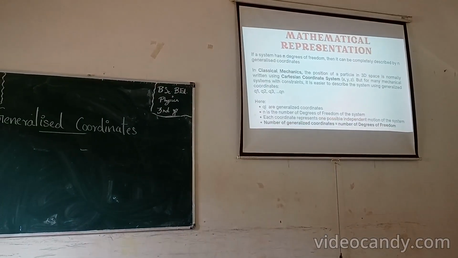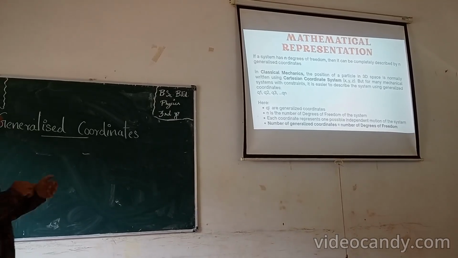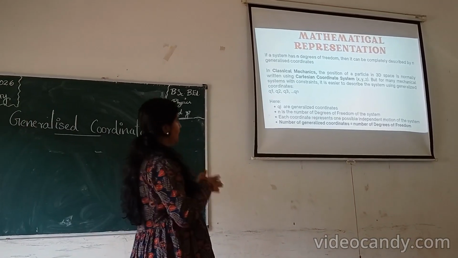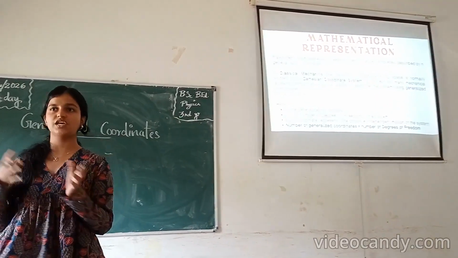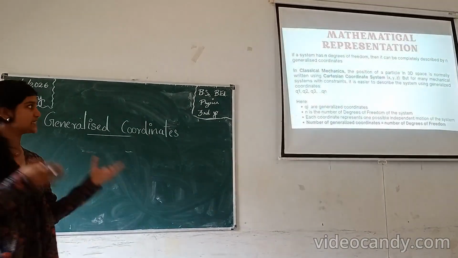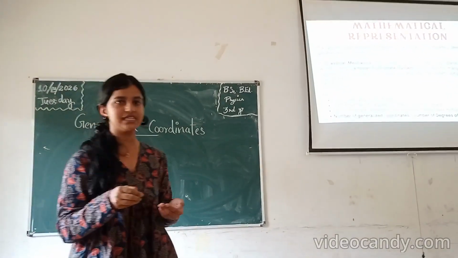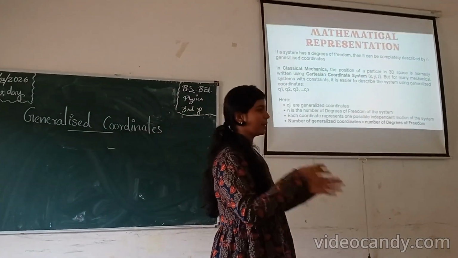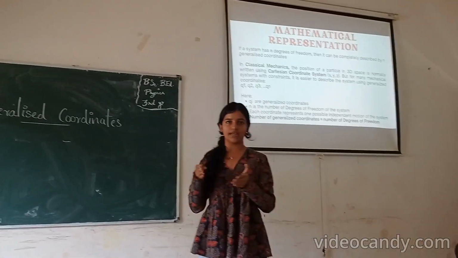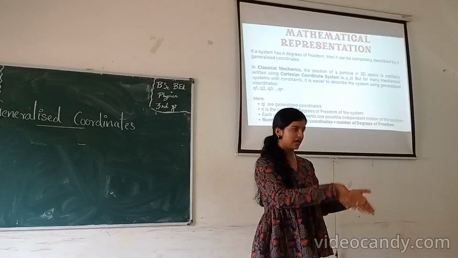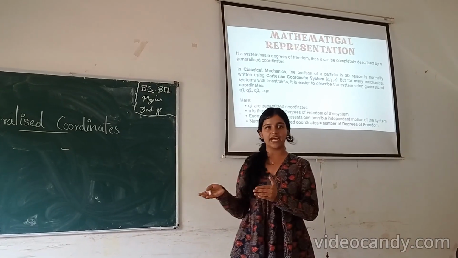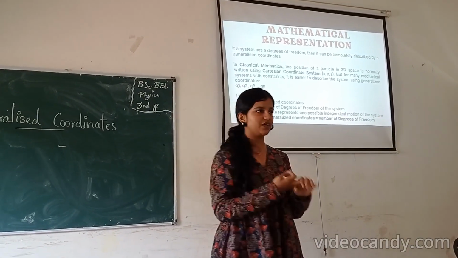Moving to the mathematical representation, if a system has n degrees of freedom, we can completely explain it with generalized coordinates. In classical mechanics, for a particle, we mainly use the Cartesian coordinate system in 3D. So with the Cartesian coordinate system in 3D, there will be 3 coordinates, x, y and z.